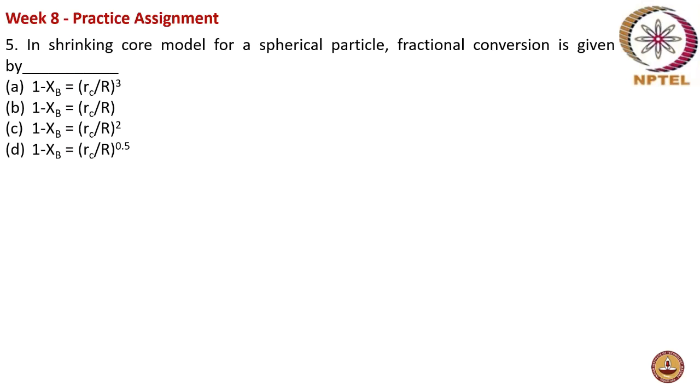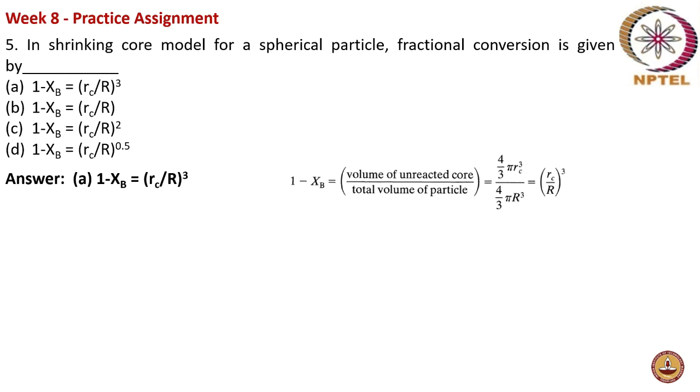So it is actually option A. So 1 minus xb, where xb is the fractional conversion, is equal to rc by r the whole cube. Because in the case of a shrinking core model for a spherical particle, the expression is given by the volume of unreacted core divided by the total volume of the particle, because the volume keeps on changing as the reaction proceeds. The volume of a sphere, we know, is 4 by 3 pi r cube, right?